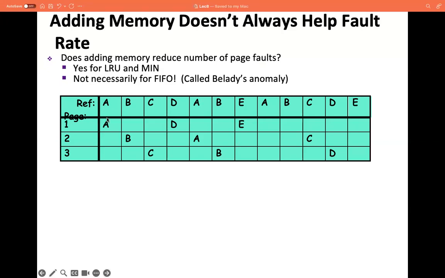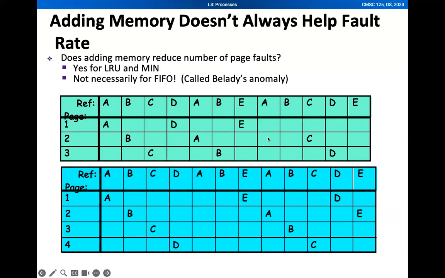And as you can see, we have A, B, and then C, and then D. We replace A with D since it's the oldest, and then we replace B since out of B, C, and then D, B is the oldest, and then we must replace C here since out of these three, C was the first one to be loaded, and so on and so forth.